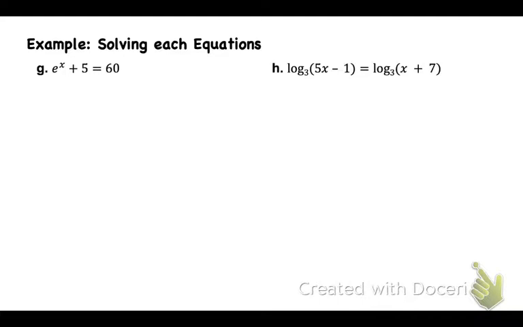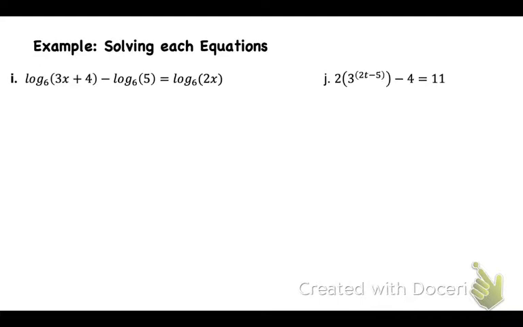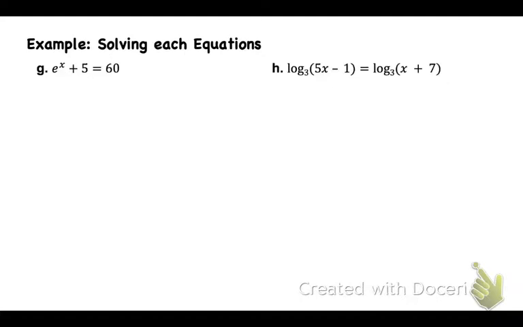Bradley, go ahead. I subtracted the 5 over, which got me e to the x equals 55. And I put it in natural logs, so it would be natural log of 55 equals x. Good job, great job.